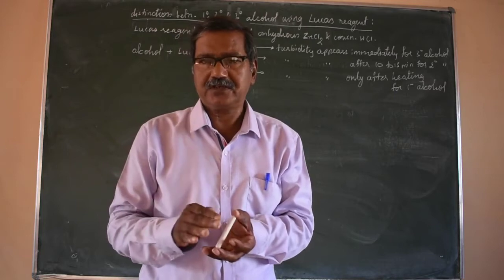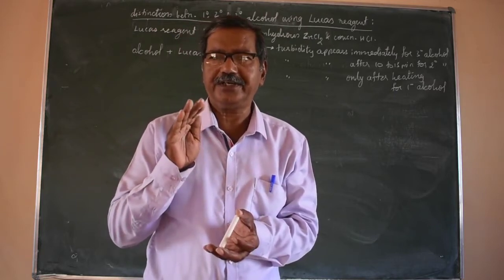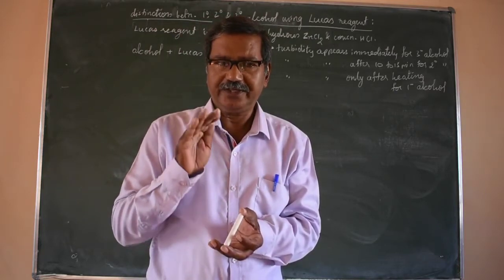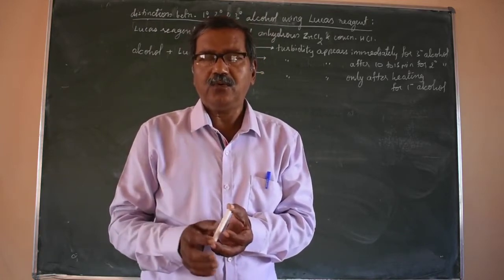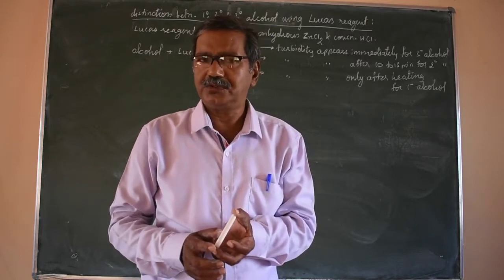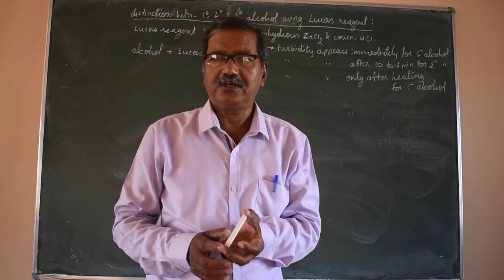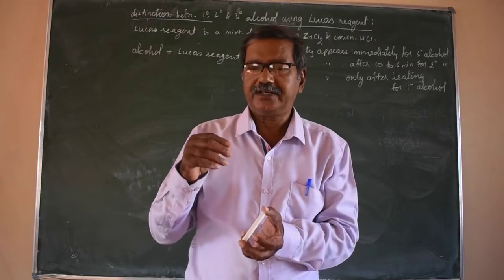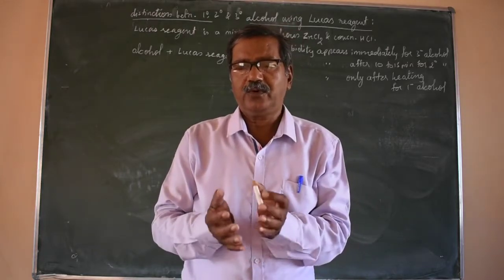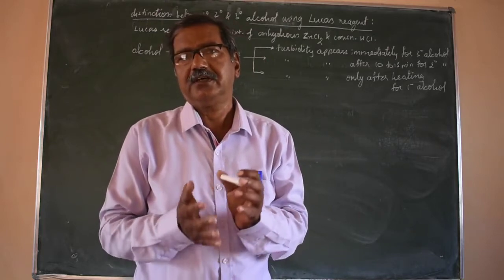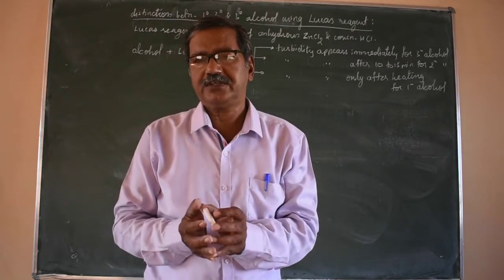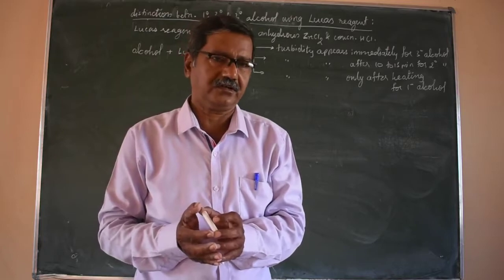When that mixture, compressed at about 300 atmospheric pressure, is passed over ZnO and Cr2O3 at about 600 Kelvin, you get methyl alcohol. So this is the commercial method used to manufacture methyl alcohol.